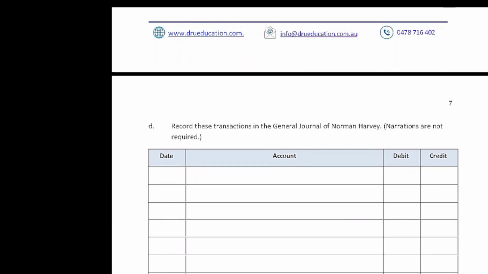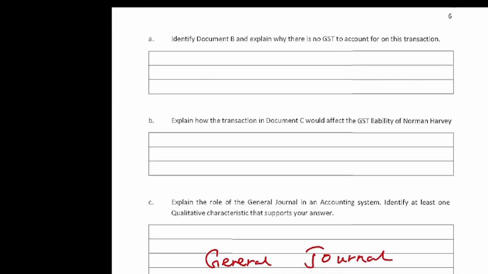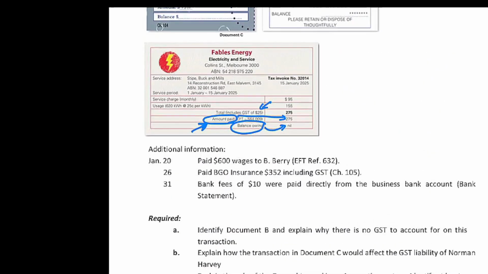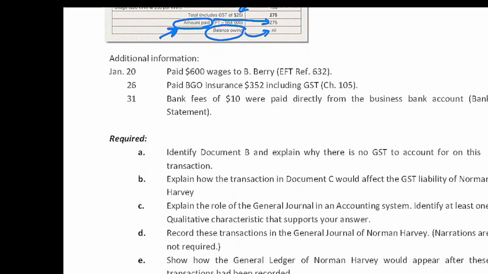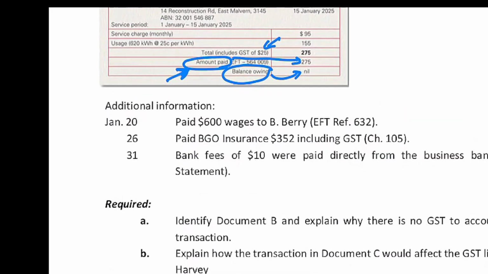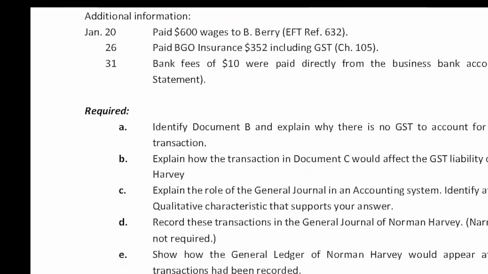Question part D. What does part D say? Record these transactions in the general journal.